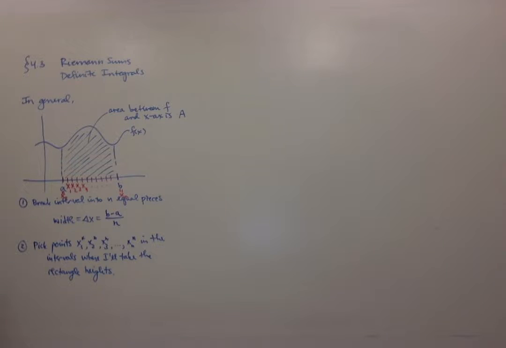So I'm going to pick points x1 star, x2 star, x3 star, all the way up to xn star, in the intervals where I'm going to take the heights of the rectangles.